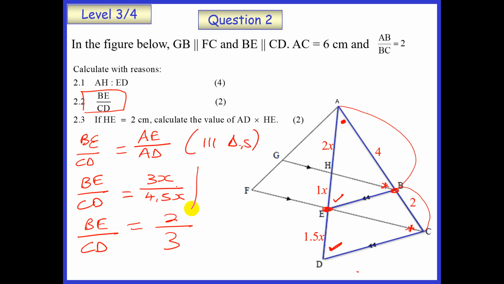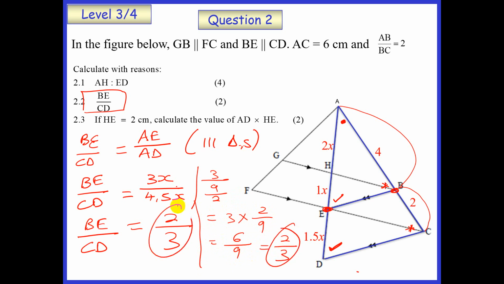You could have also used here, as I told you, 3 over 9 over 2, which is the same as 4.5, and that will give you, we're going to invert and multiply, 3 times 2 over 9, which gives you 6 over 9, and that works out to be 2 over 3. There we have our ratio.